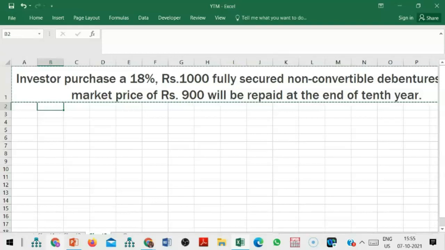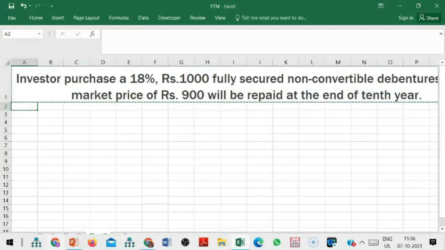Wherever you approach a problem, you can derive the variables out of it and remember the calculation. If it is yield to maturity, you need to calculate with different trial and error, using different interest rates.